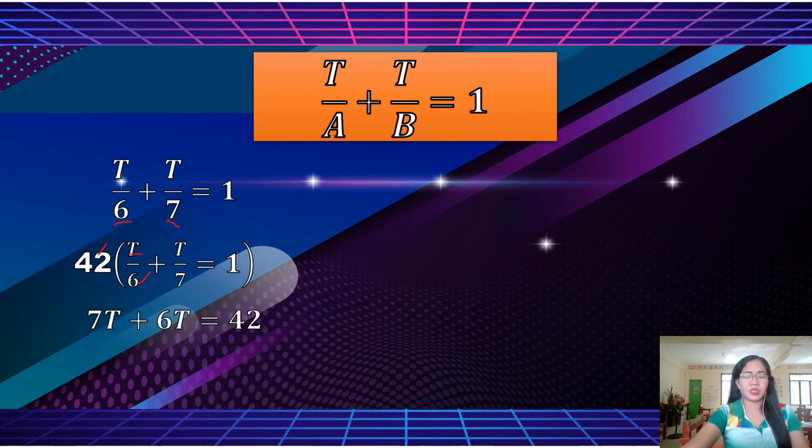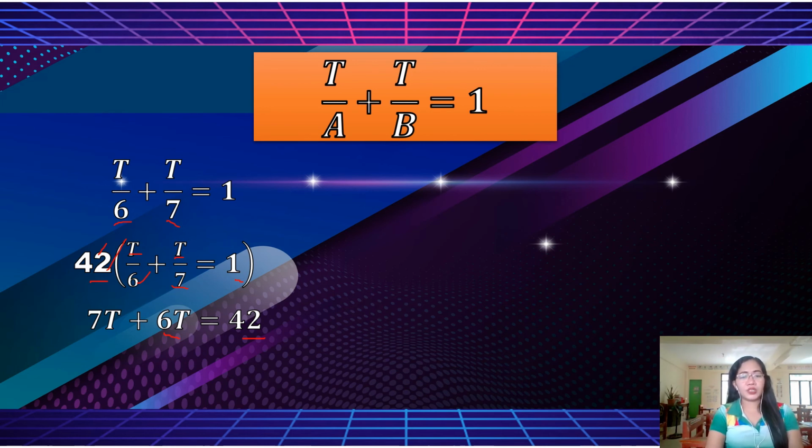Now, let's proceed to the second term. 42 divided by 7 is 6. 6 times t is 6t, equals 42 times 1, that's 42. Got it? Divide the LCD by the denominator, then multiply it by the numerator.